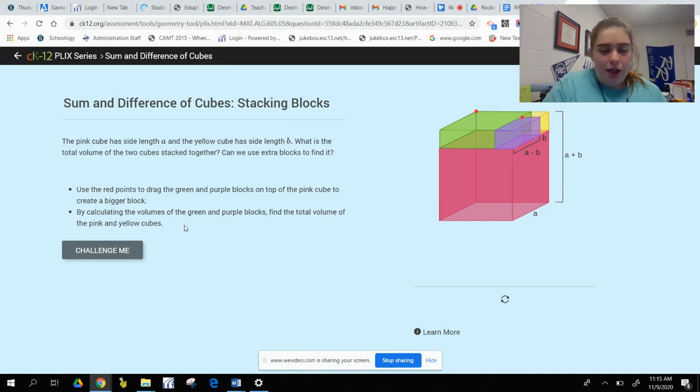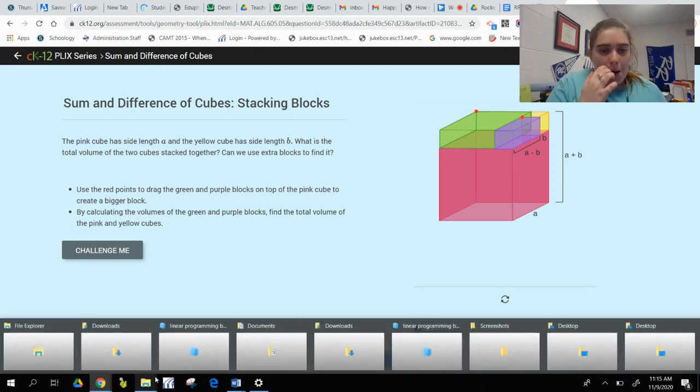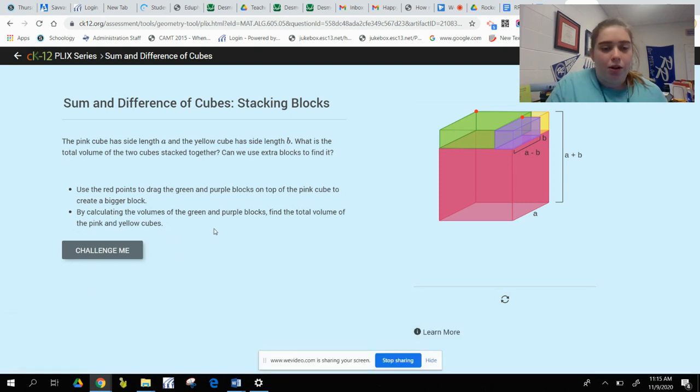Okay, and then the second bullet point says, by calculating the volumes of the green and purple blocks, which we just dragged up there, it wanted you to find the total volume of the pink and yellow cubes. So this is kind of what we're going to be doing. We're going to be finding the sum of those cubes, pretty much the pink and yellow ones, by using these two that we just dragged up there. So let's kind of go in deeper and see how we do that.